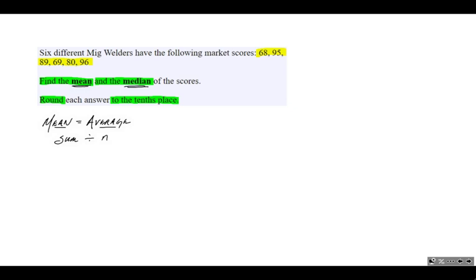So let's go ahead and add this list together. We've got a 68 and a 95 and an 89, a 69, an 80, and a 96. We can just add those together, punch them into your calculator if you want, and you should get a total of 497.